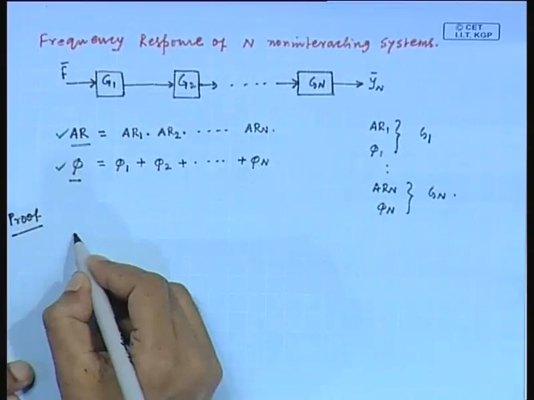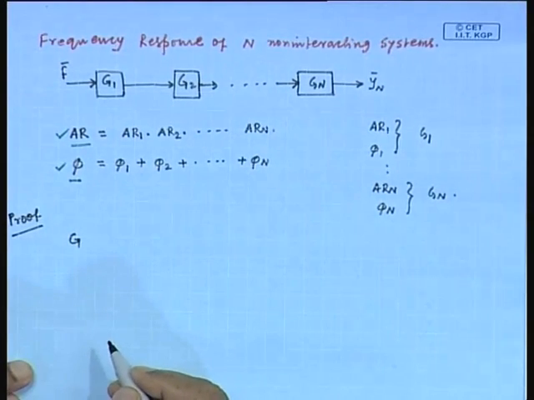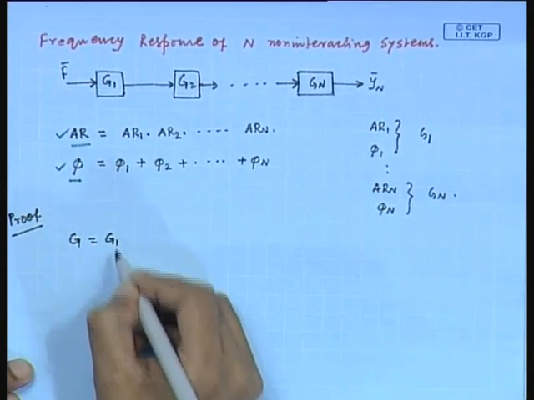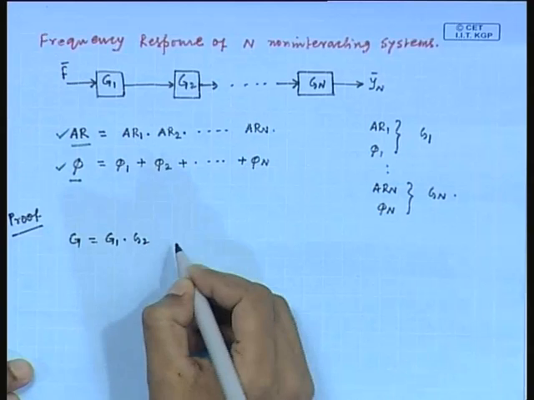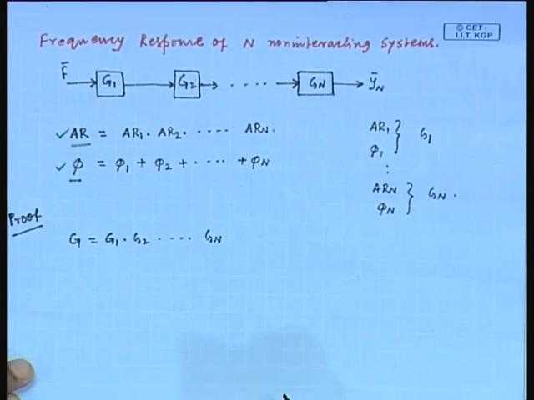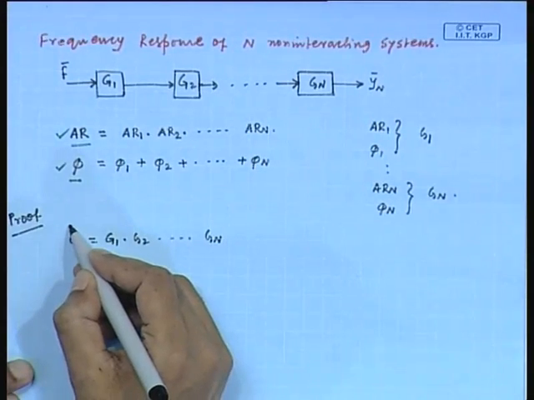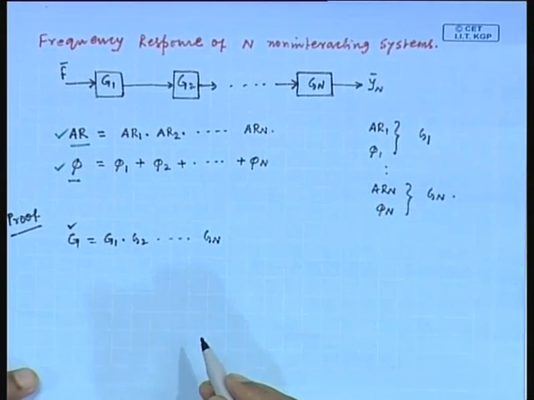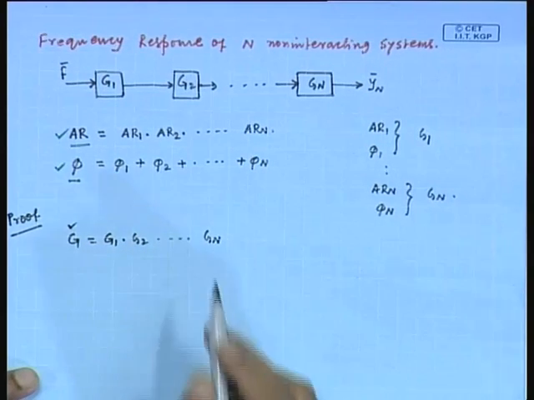If n non-interacting systems are connected in series, then we can write the overall transfer function G equals Z1, Z2, up to Zn, they are multiplied.